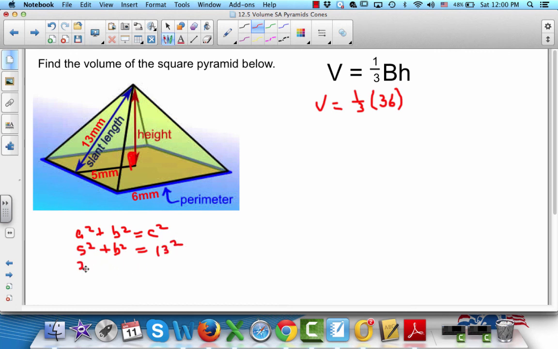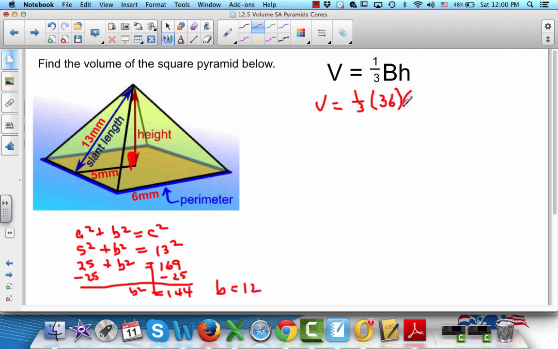So that gives us 25 plus b squared equals 169. We do minus 25 on both sides of the equal sign. And that gives us b squared equals 144. And the answer to that will be b equals, what number can I multiply by itself and get 144? And the answer is 12. So that means our height is 12.